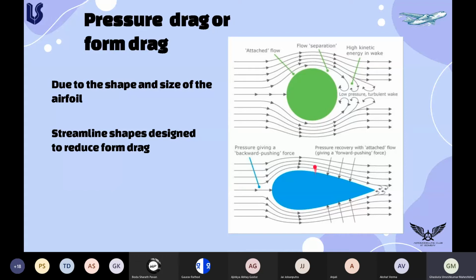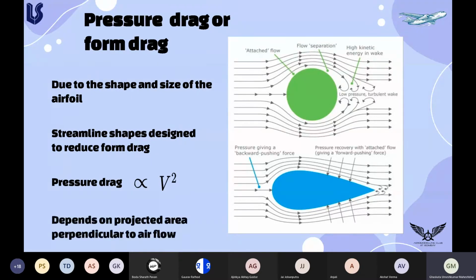In figure 2, the same situation is generated, but due to less flow separation, the magnitude of pressure drag is low compared to this. Also the magnitude of this pressure drag is proportional to V squared, the velocity of the aircraft, and it also depends on the projected area perpendicular to the airflow. So I hope it's clear. This is all about pressure drag.